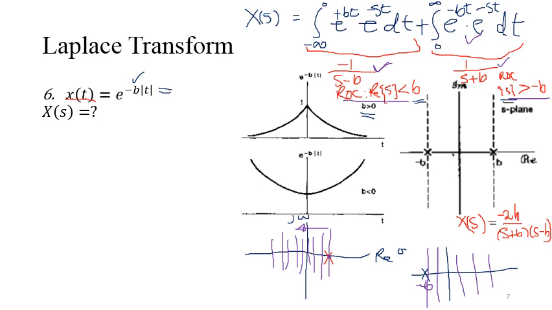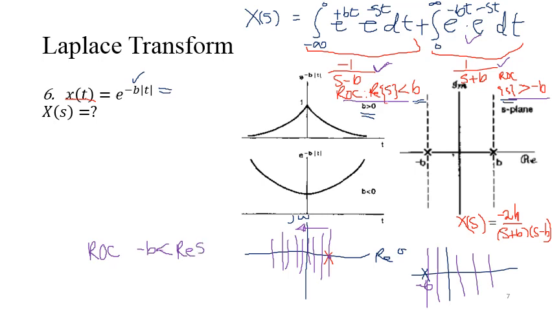Now the overall ROC for this expression will be combining the two. Let me write here. The overall ROC for this signal should be, if we combine, between minus b and b.